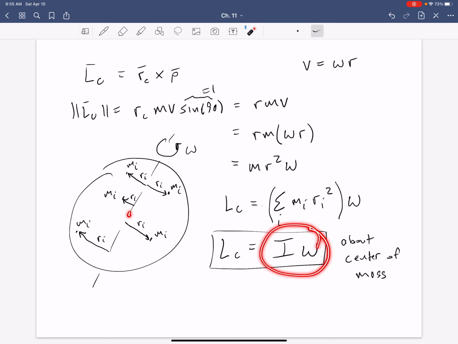You can turn this into a vector if you want, right? And in this case, the omega will be a vector, and you can tell which way it's going by using your right hand.